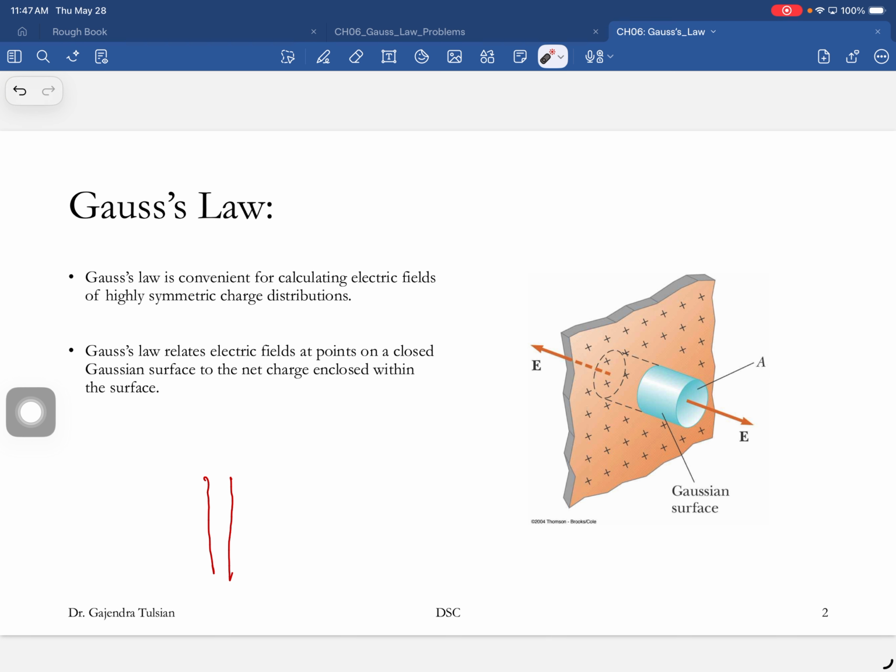So here's the rule. Flux is positive when lines project outwards from the surface, and negative if they're projecting inwards. So this is giving a positive flux, and these lines are contributing a negative flux. So for a closed surface, the flux is given by this surface integral.